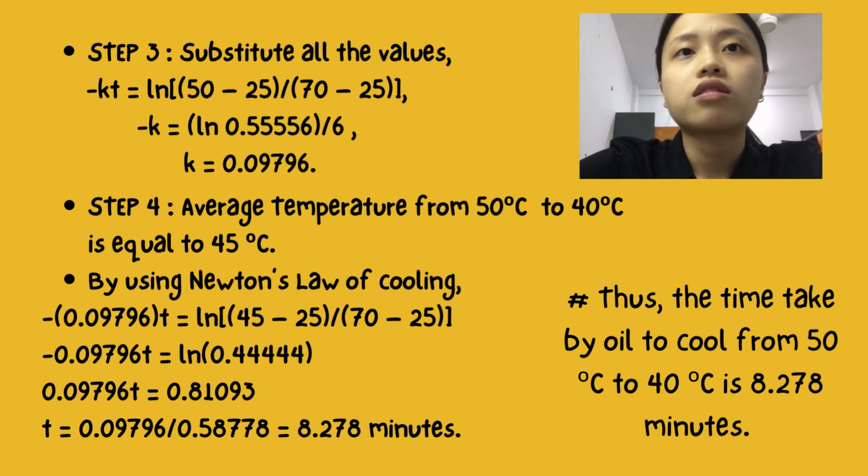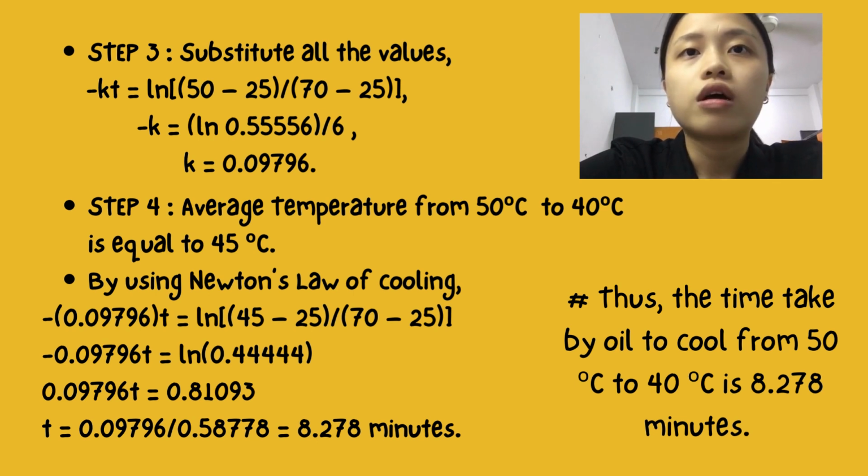So we will get negative k equals ln 0.55556 over 6. Therefore, we get k equals 0.09796.